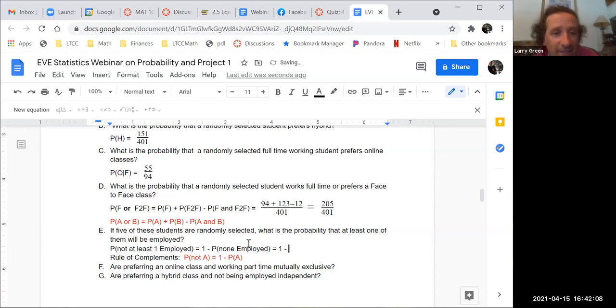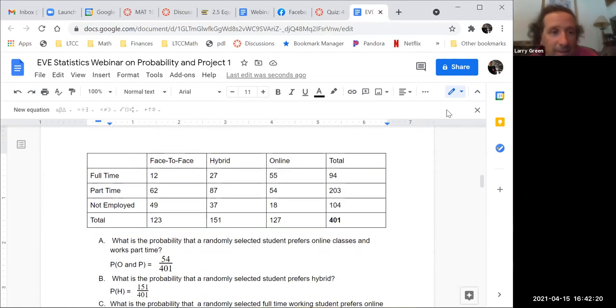All right, so now I've got to find out the probability that none of these 5 are employed. Well, let's talk about just the first one. What's the probability that the first one is not employed?